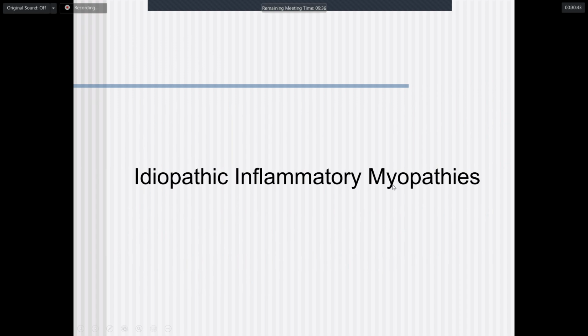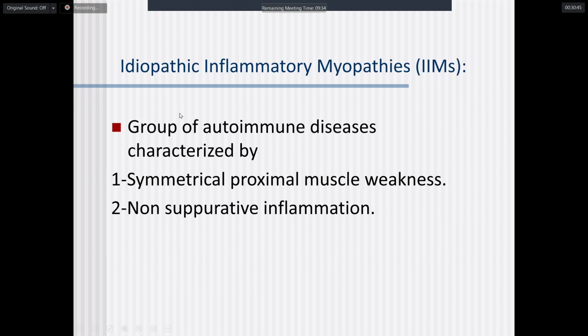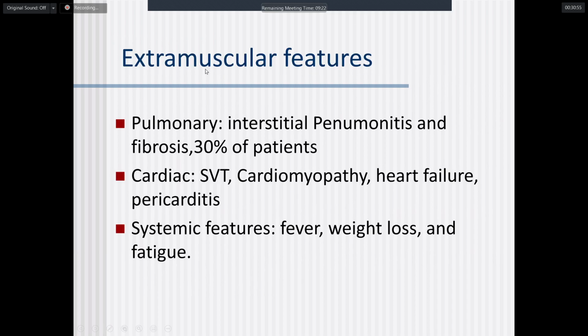Idiopathic inflammatory myopathies. These are a group of autoimmune diseases characterized by symmetrical proximal muscle weakness and non-suppurative inflammation. Extramuscular features include pulmonary interstitial pneumonitis and fibrosis, carditis, SVT, cardiomyopathy, heart failure, pericarditis.